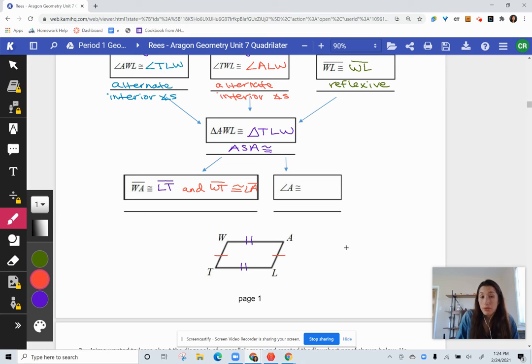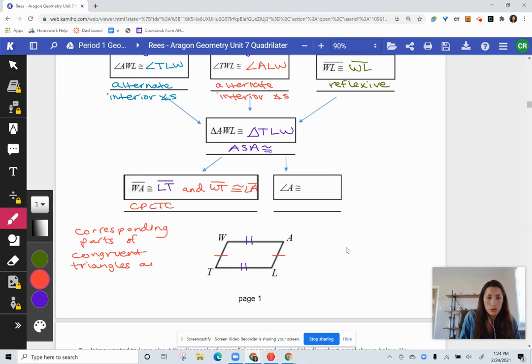Okay, and now the reason for that is, if these triangles are equal, not only are these three parts that we've already identified the same, the rest of the parts are also equal. We call that CPCTC. Remember, corresponding parts of congruent triangles are congruent.